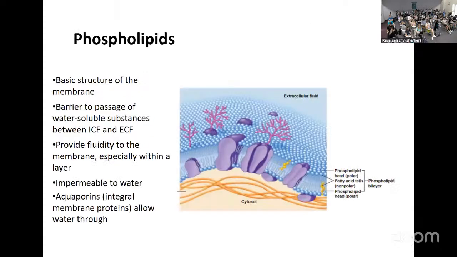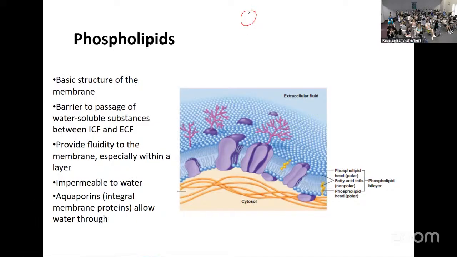We're going to start at the beginning. So we've talked about phospholipids when we were talking about our different classes of macromolecules, right? So the phospholipids were the ones with a phosphate head, right? And those two fatty acid tails, right?